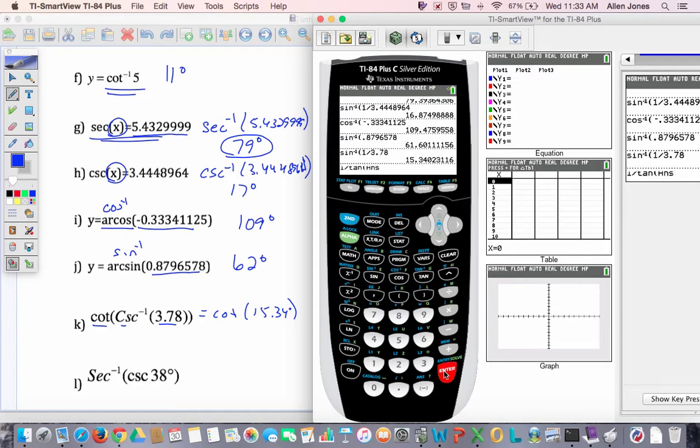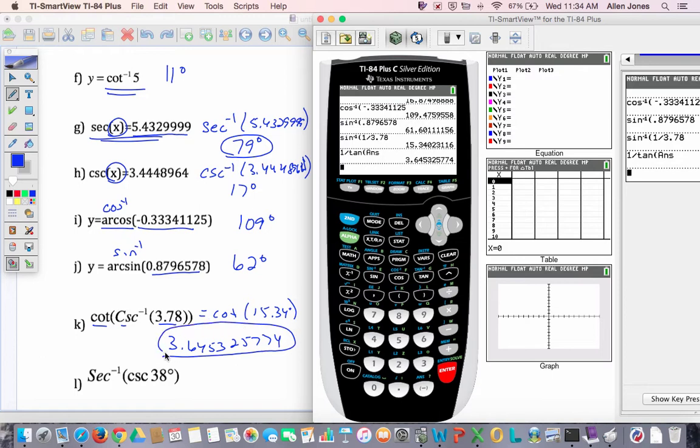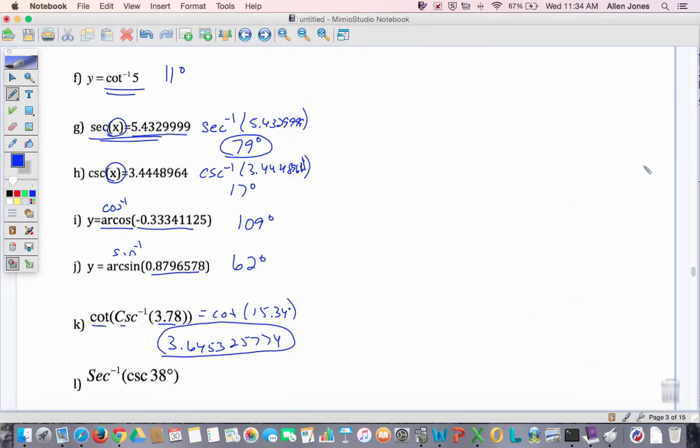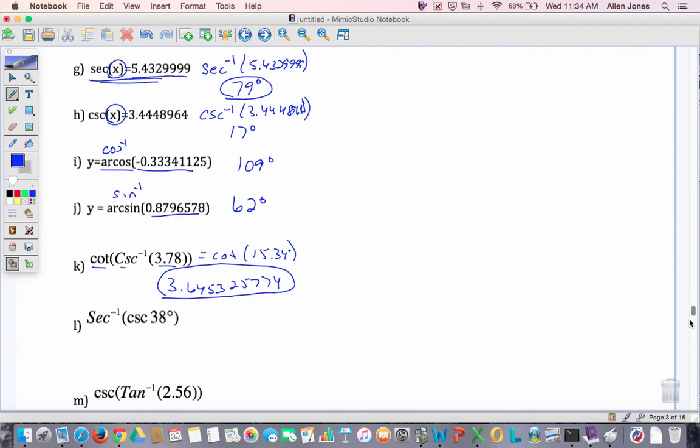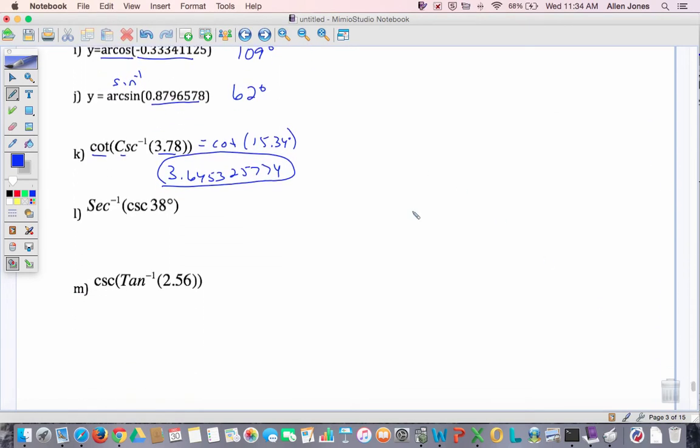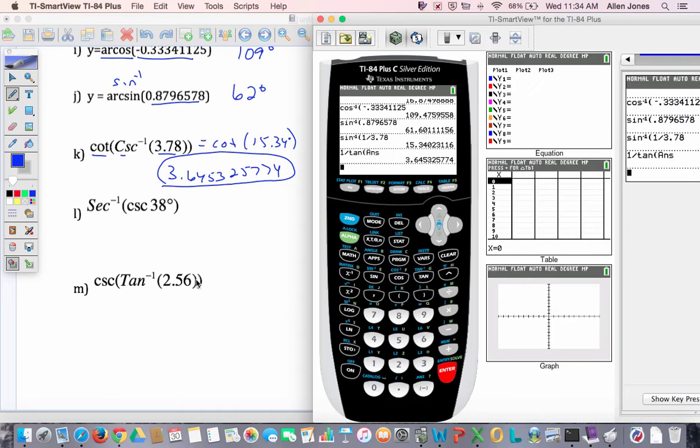That is an angle measure, so we type in 1 divided by the tangent of that value, and that gets us a decimal of 3.6453257774. So there is our value for that first compound function.